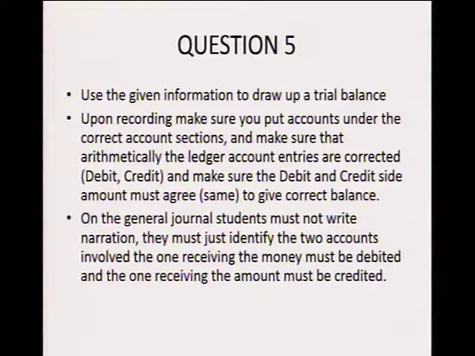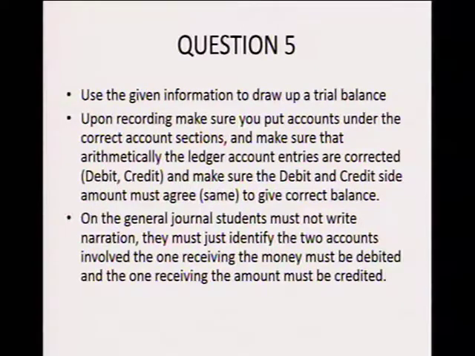You must know which accounts fall in the balance sheet account section, which accounts fall in the nominal account section, which account must be debited and which account must be credited. Once you are done with the entries, you balance off your trial balance. If it doesn't balance, go back, there is an error somewhere. If it balances, that means your double entry was recorded correctly.